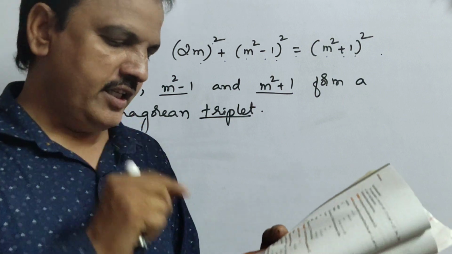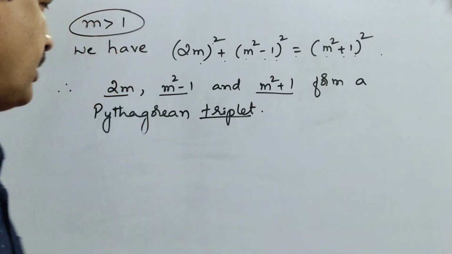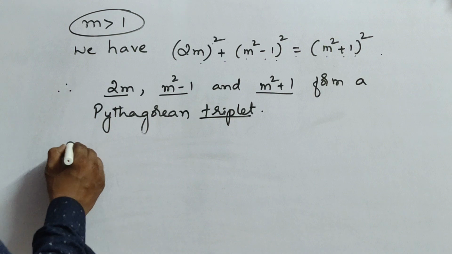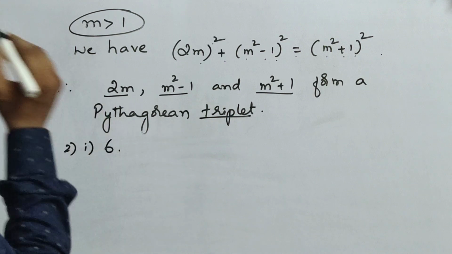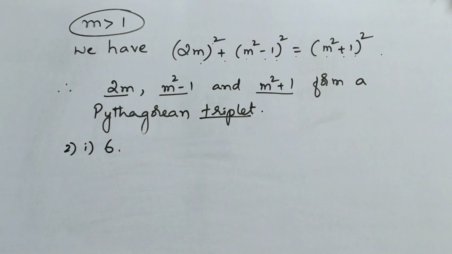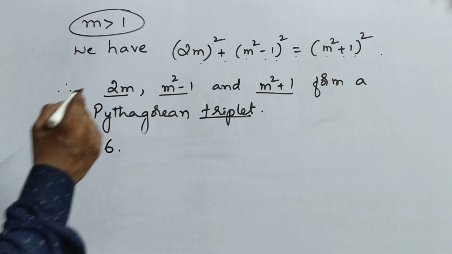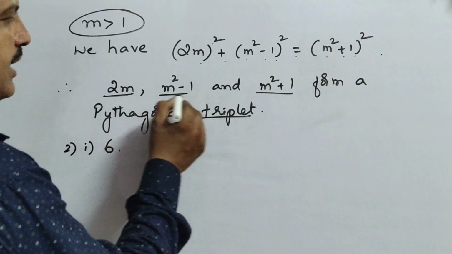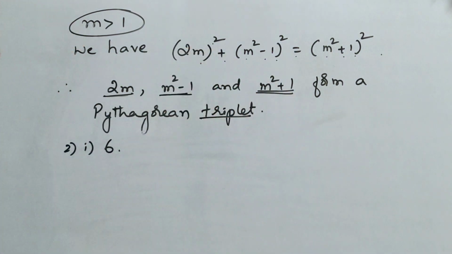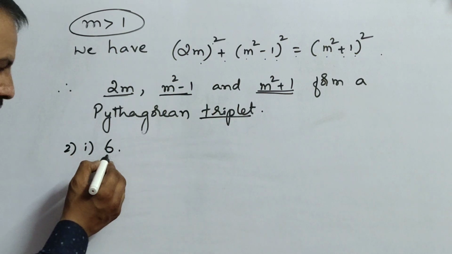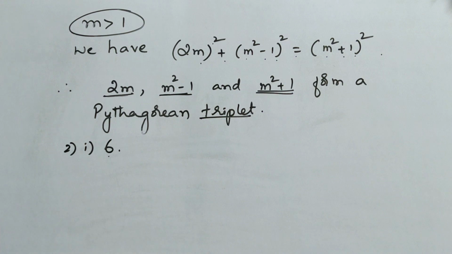But here he gave one number, 6. You have to remember the Pythagorean triplet numbers 2m, m square minus 1, m square plus 1.